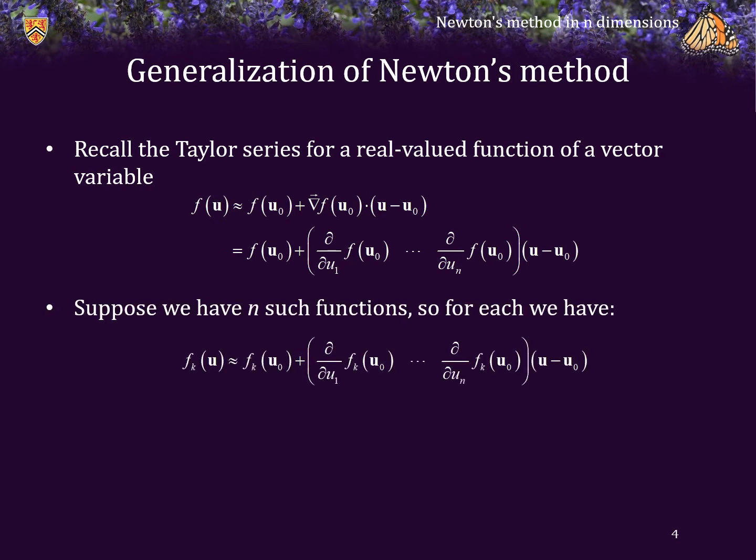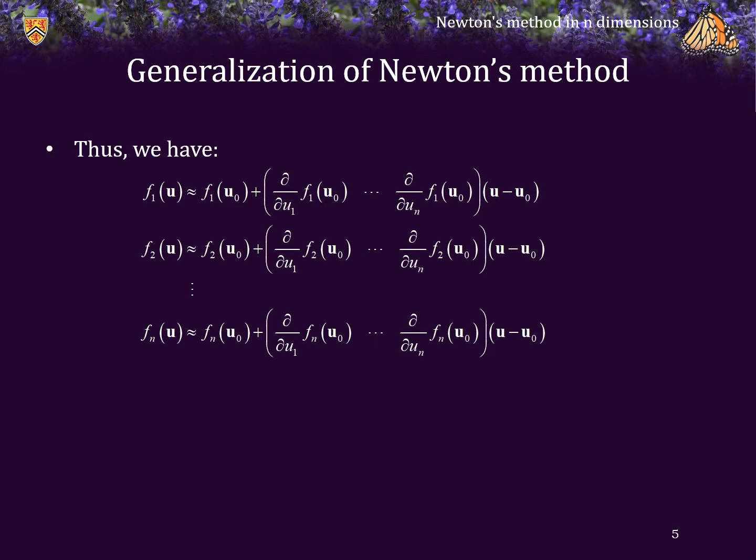Well, if we have n such functions, then for each we have exactly this same expression. Thus we have this system of n equations. Everything on the left-hand side, therefore, could be interpreted as a vector of n values of those n functions evaluated at u.